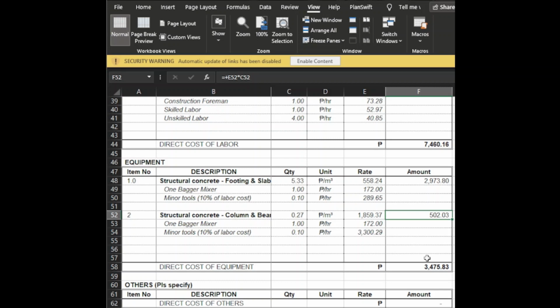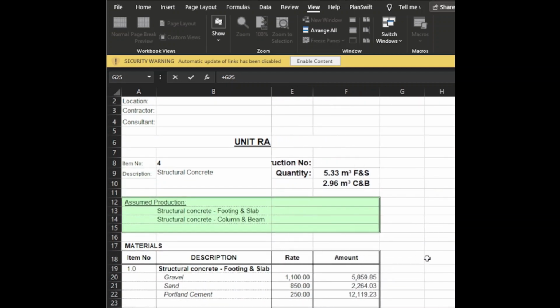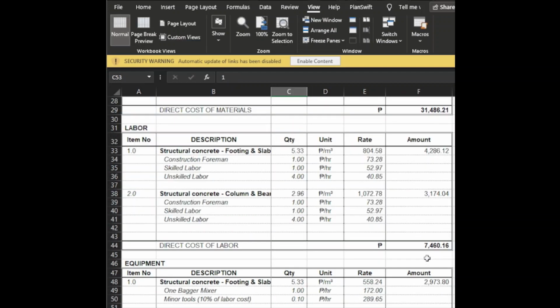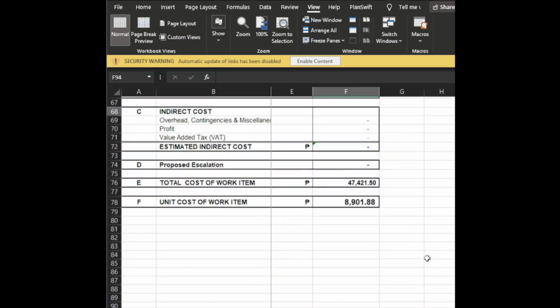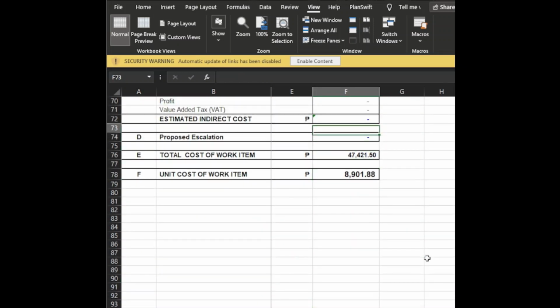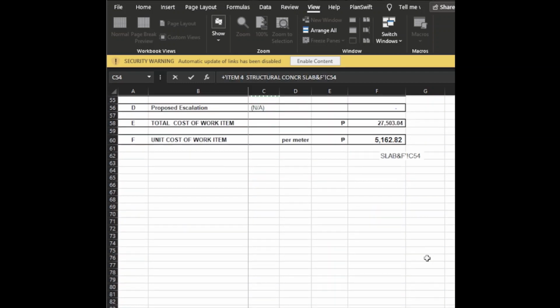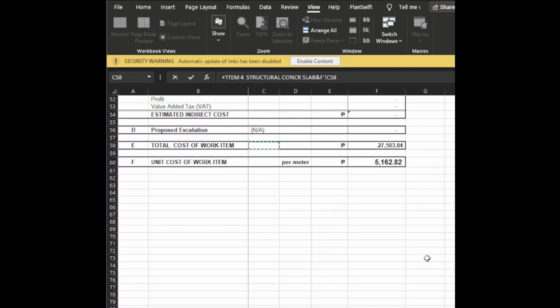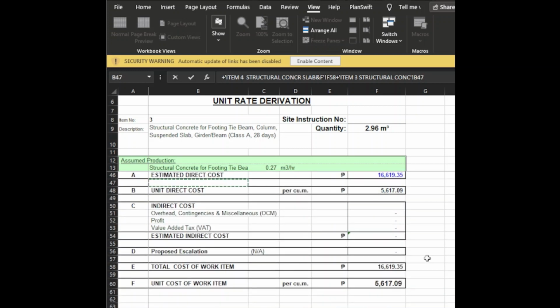Wait. The quantity 0.27. No, the quantity is 2.96. So the total is right now. So we have 47,421 total. If we total the other calculation also, we have 27,000 plus the other one, 16,000.